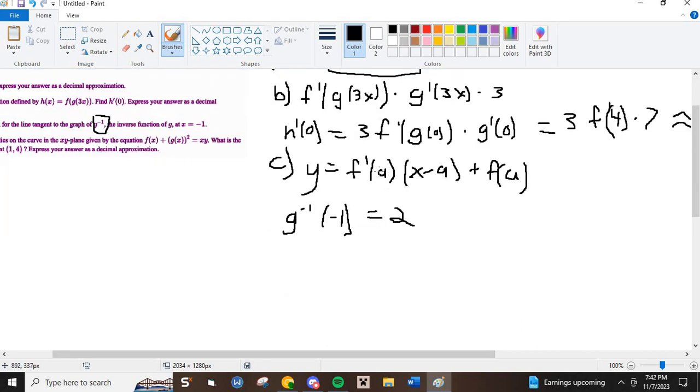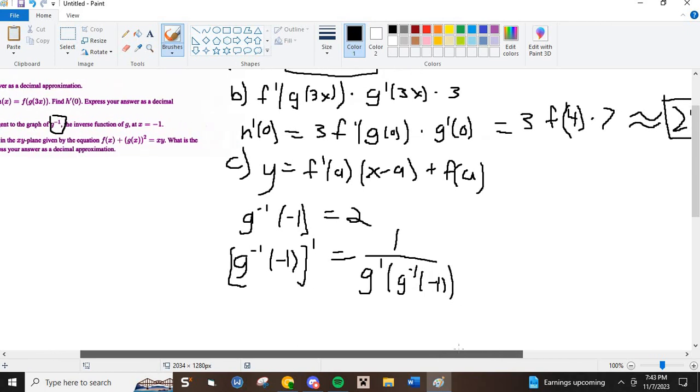And now to find f prime of g inverse, that's going to be 1 over g prime of g inverse of negative 1.